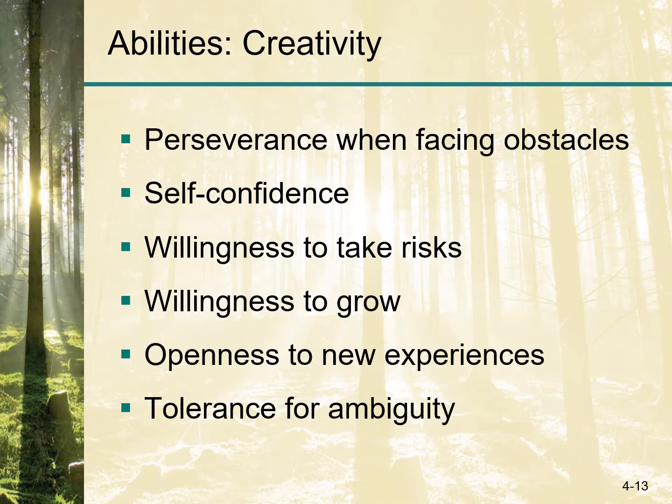The last one, tolerance for ambiguity. So there are certain people in the world, they have to have certainty in what they do, right? We talked about uncertainty avoidance as part of the Hofstede principles that label cultures. Here we're talking about it at the individual level. There are certain people who are just okay with saying, I don't know if it's A or B, it's maybe something in between or neither. I'm not going to worry about not having a definitive answer right now.